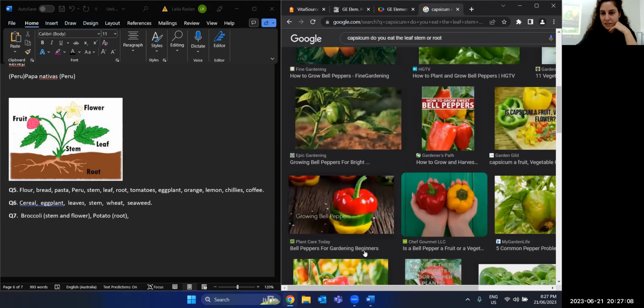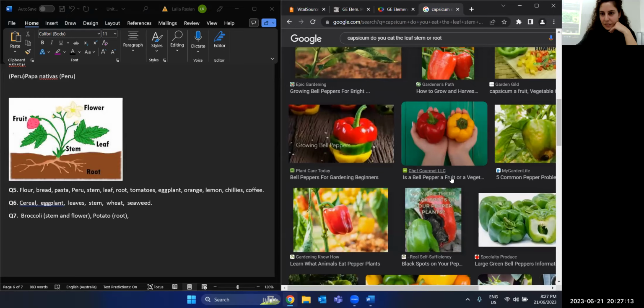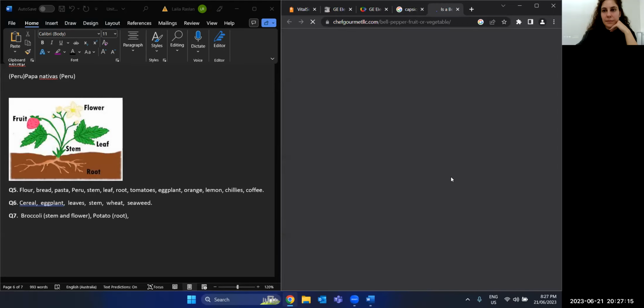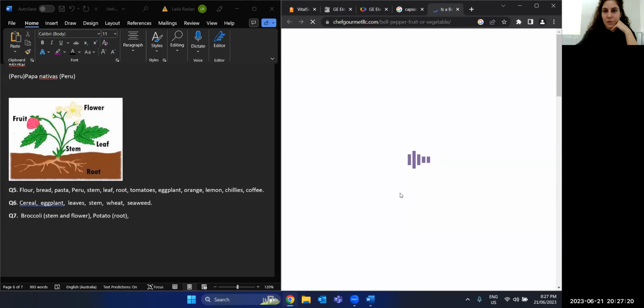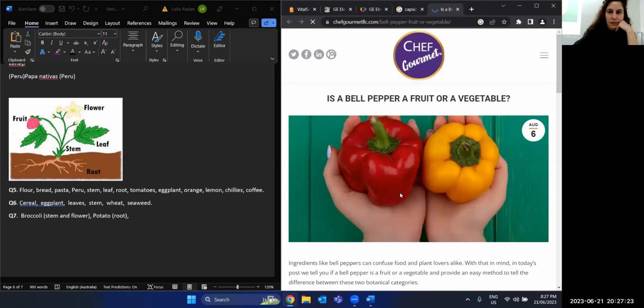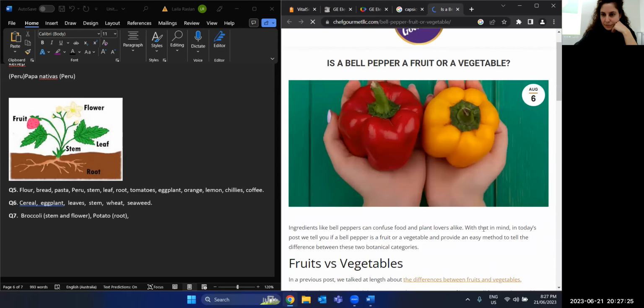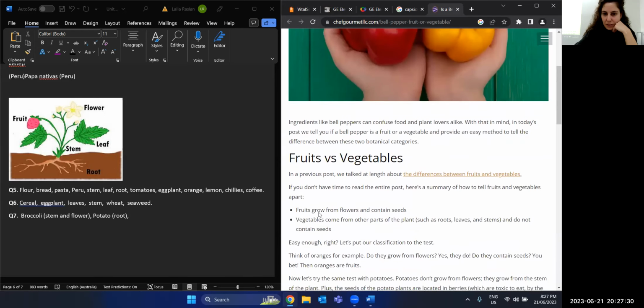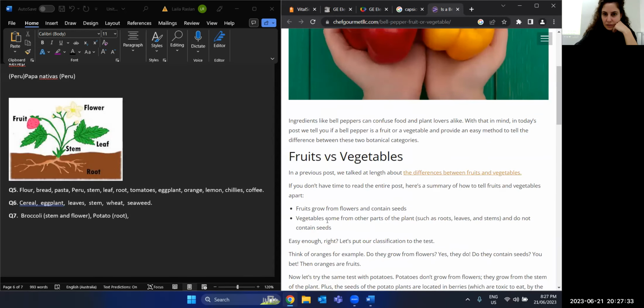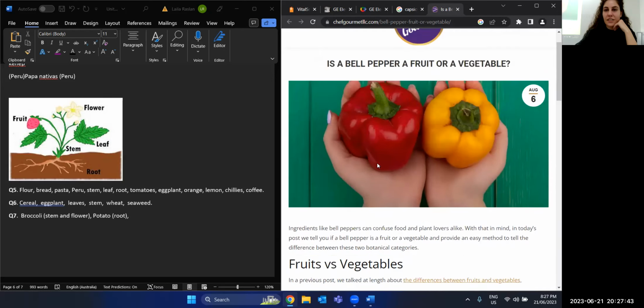Or is it a vegetable? Because we need to pick vegetables. Yeah, it's from the flower. Yes, so it's a fruit. Okay, so we need a vegetable.